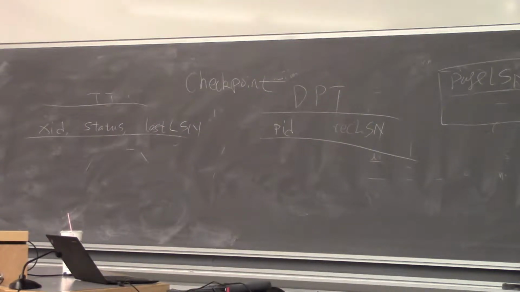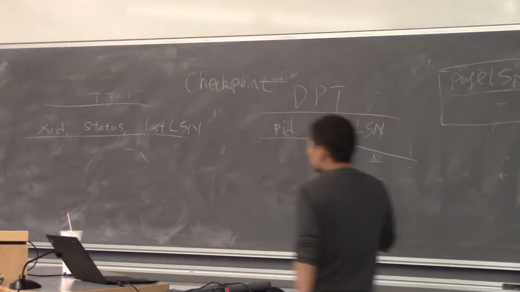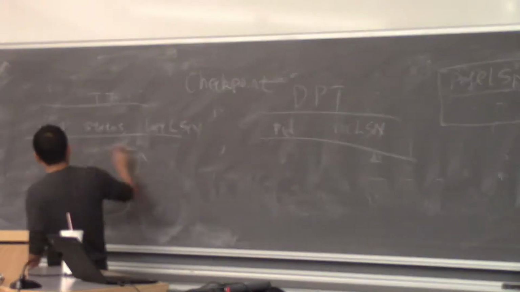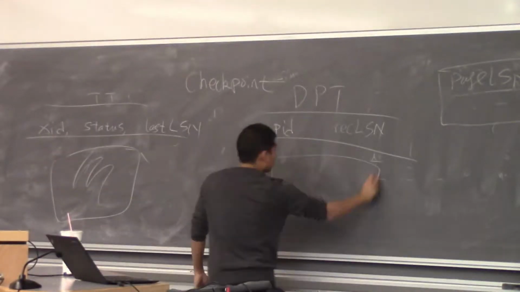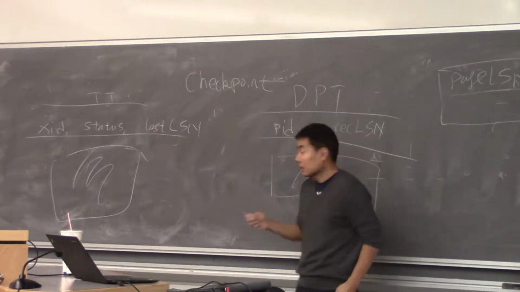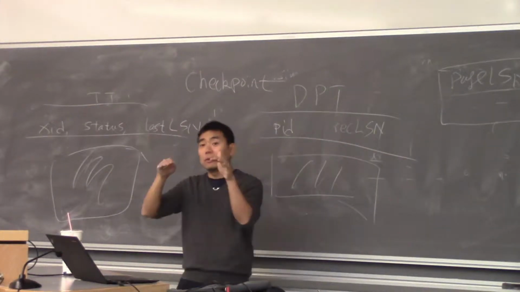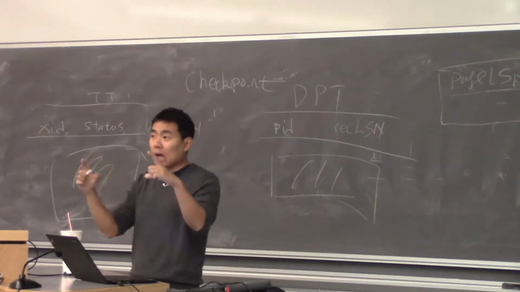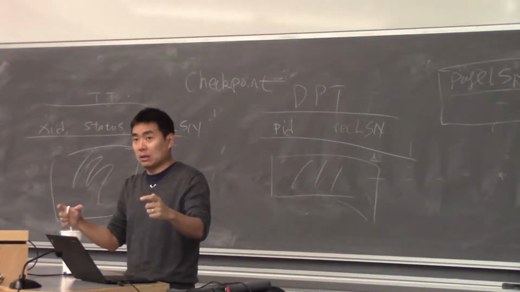TT and DPT are two tables kept in main memory, right? In a checkpointing process, what you do is you make a copy of TT and DPT and dump the copy to disk. One subtle thing you need to remember is that at the point you start the checkpointing process, you make a copy of these two tables, and you start writing the content of these two tables to disk.